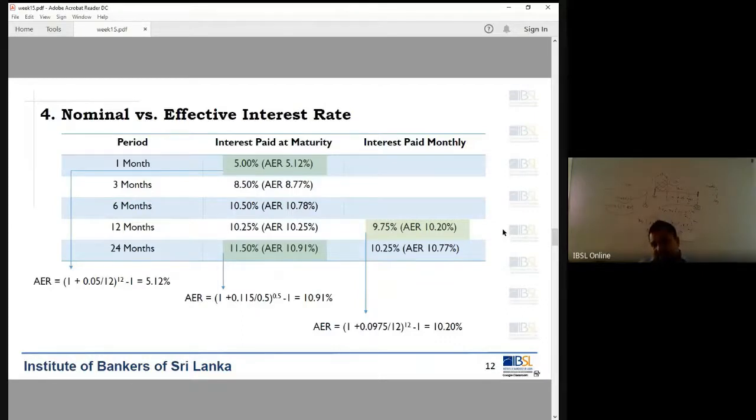So the bank has made sure that whether you get your interest at maturity or monthly, both are going to give you a similar kind of return. How they have done it is by giving you a marginally lower return monthly on a nominal basis compared to the maturity basis. Okay, so this is a good example of nominal and effective interest rates being computed.